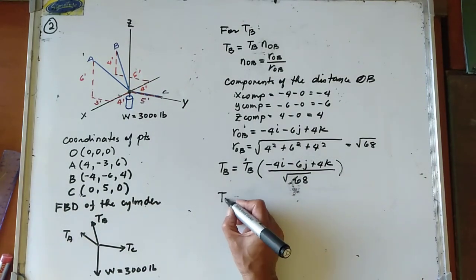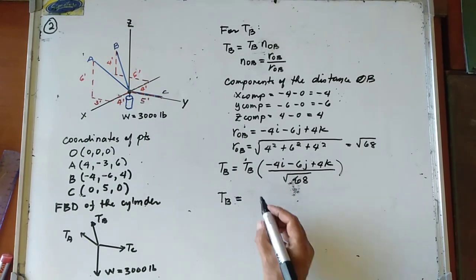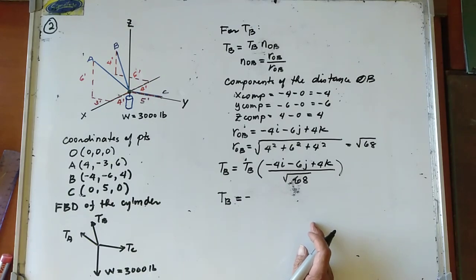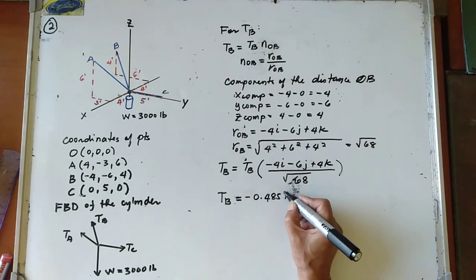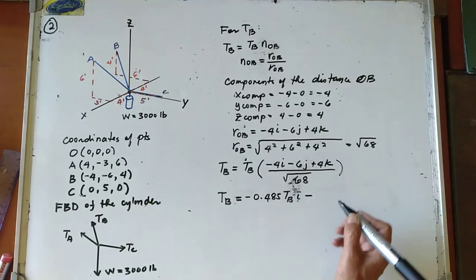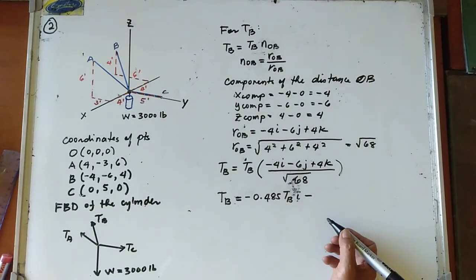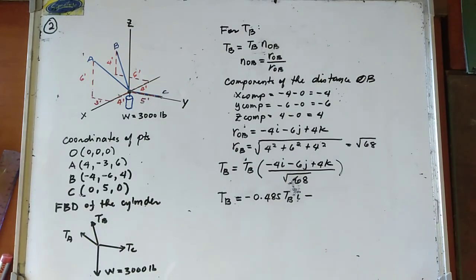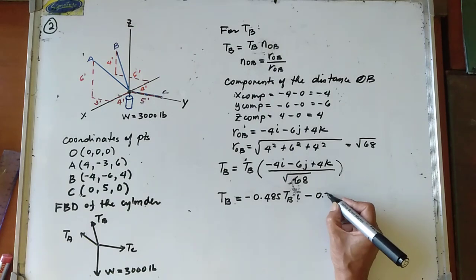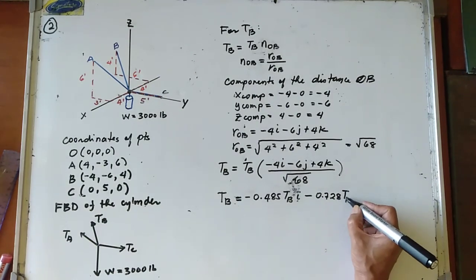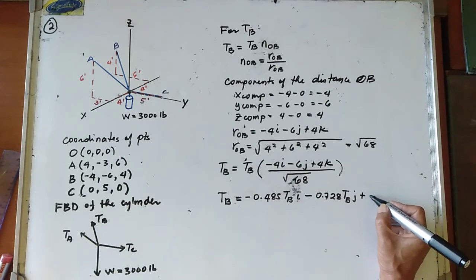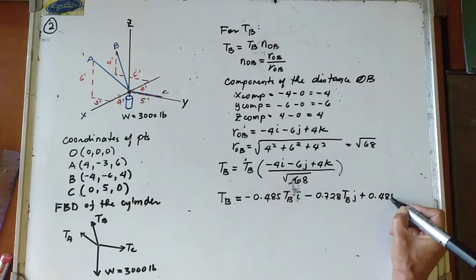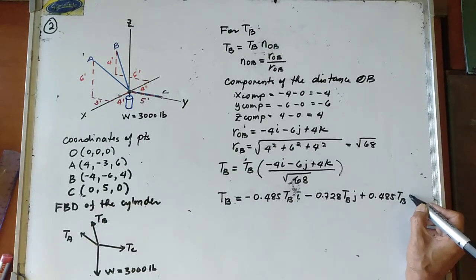Hence, your TB is equal to negative 4 over the square root of 68, that is negative 0.485 T sub B i, minus 6 over the square root of 68, so that is minus 0.728 T sub B j, and then plus 4 over the square root of 68 is 0.485 T sub B, and that is your k.